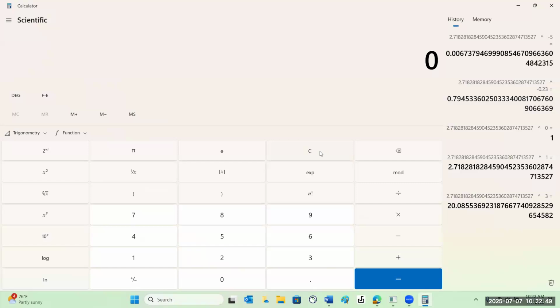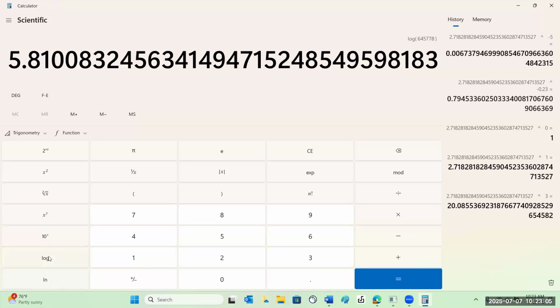How would you start off? Put the number 645,778. And then since it's a log, go to log. All you have as options here is log or ln. This is log base 10. This is log base E. And there you have it. That's all there is to it.